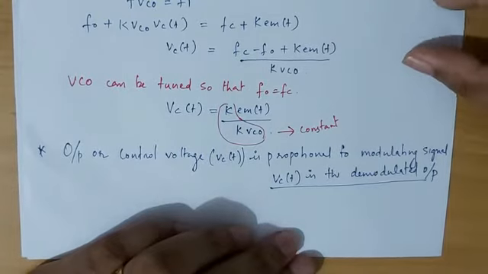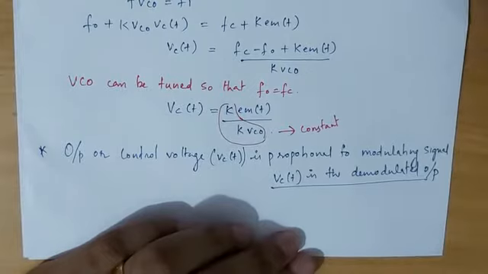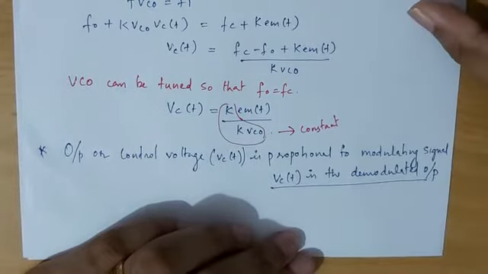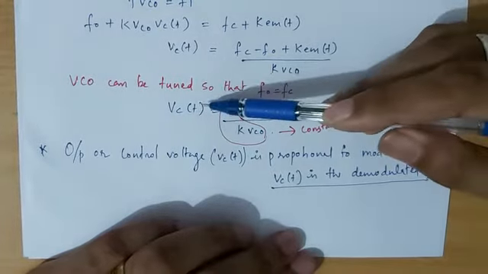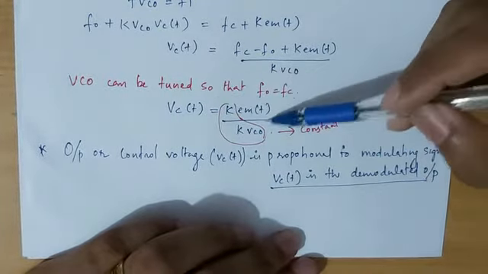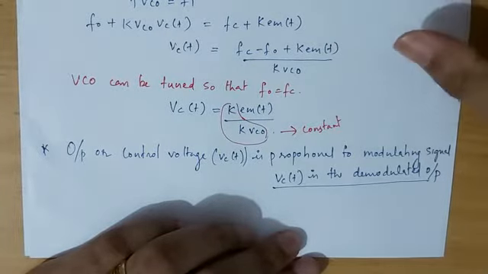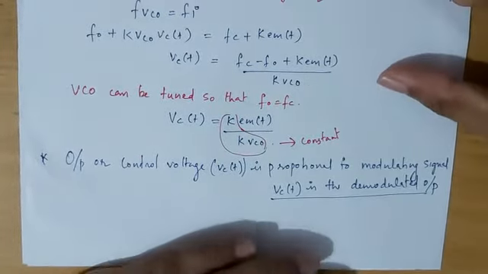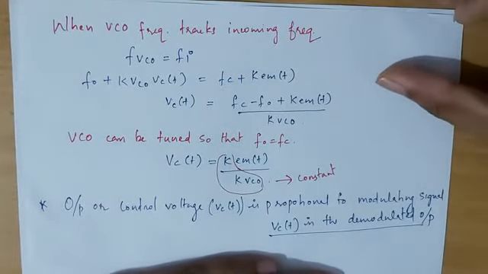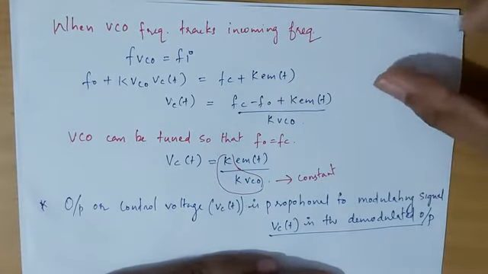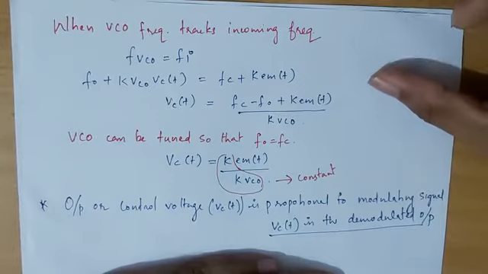When we make the free running frequency equal to the carrier frequency, Vc of t will be proportional to our modulating signal, that is the message signal. In that way we can make the PLL an FM demodulator circuit. This is the basic principle of making the PLL an FM demodulator circuit.